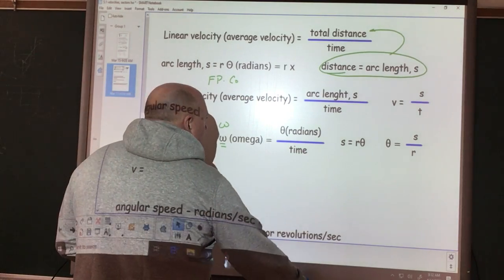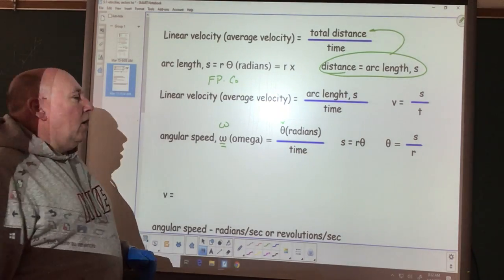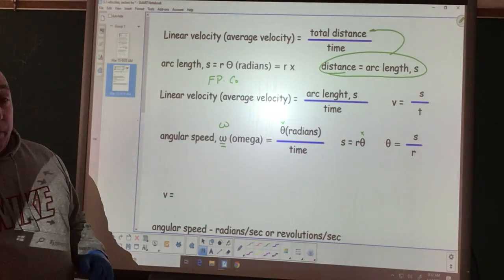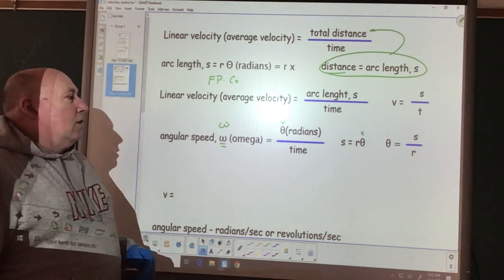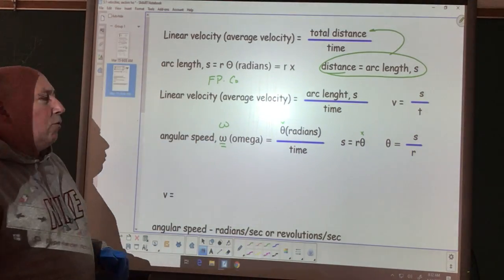And once again, if you want to use X here, that is fine. My arc length is my radius times this number of radians. So the radians are calculated by arc length divided by radius.